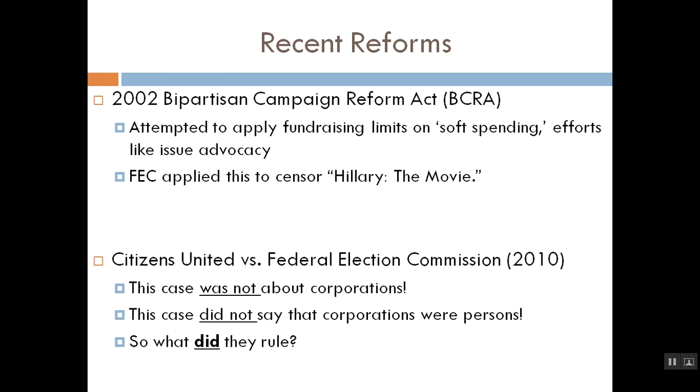This is our third major development, and it's the BCRA, the Bipartisan Campaign Reform Act. Now, again, there's a lot that I can say about the BCRA, but I'm going to simplify it for the purpose of our lecture.